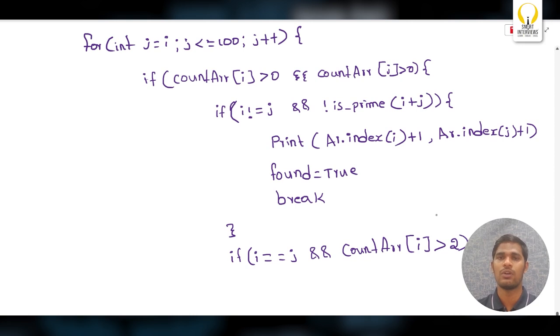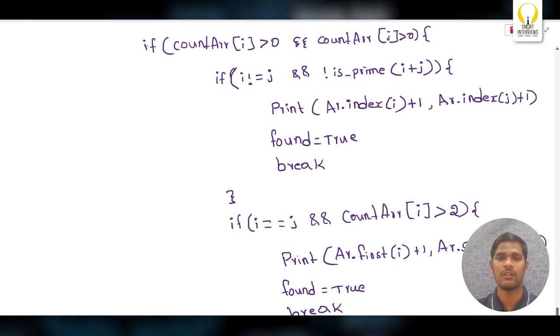Then what we can do? We can print ar dot first index of i plus 1 comma ar dot second index of i plus 1 and make found equals to true and break it.